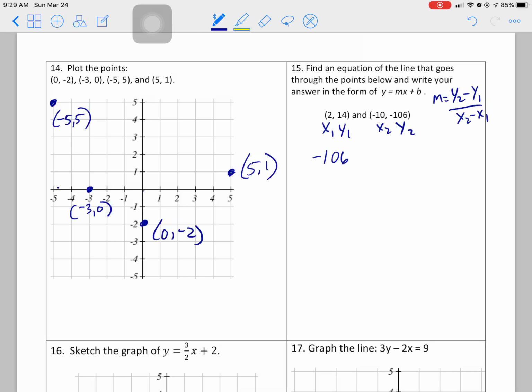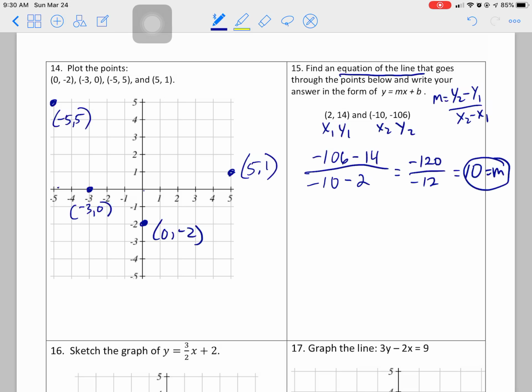Y2 is 10, negative 6 minus Y1, 14 over negative 10 minus 2 is negative 20 over negative 12, which equals a 10. Then it says write the equation. So this is M, okay?